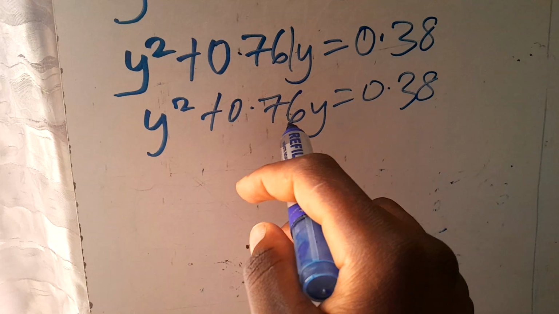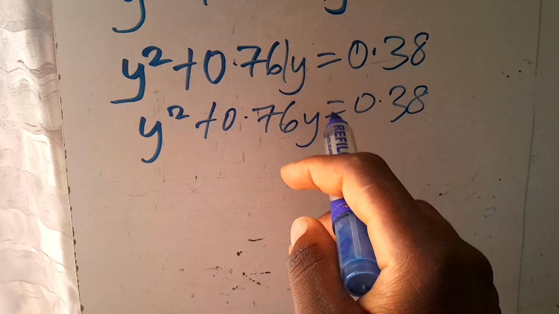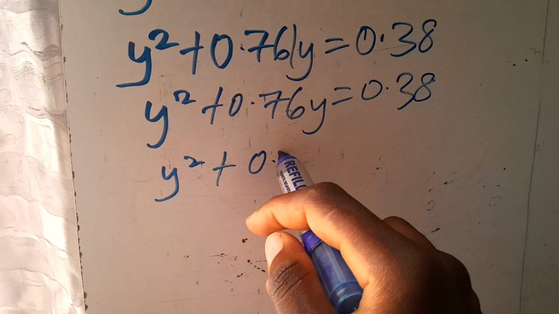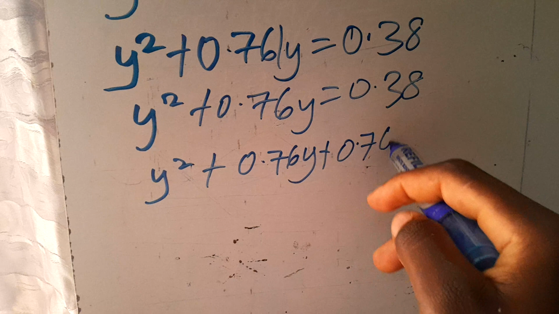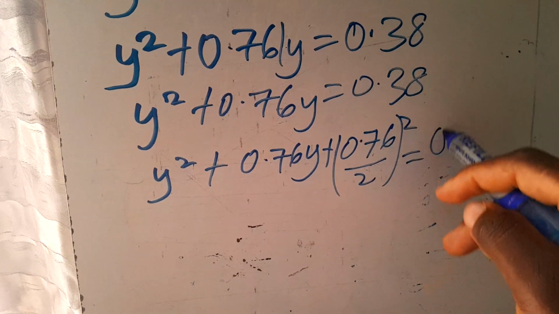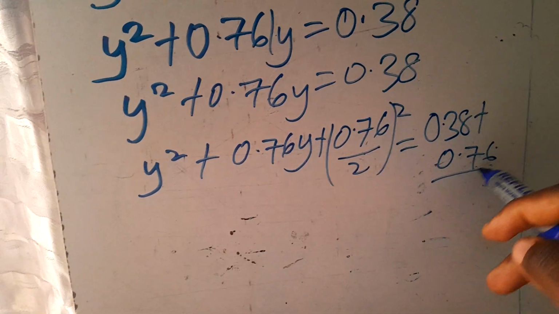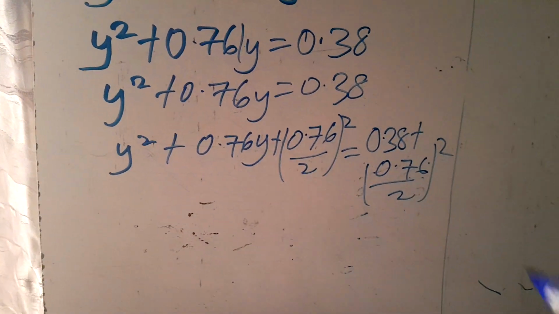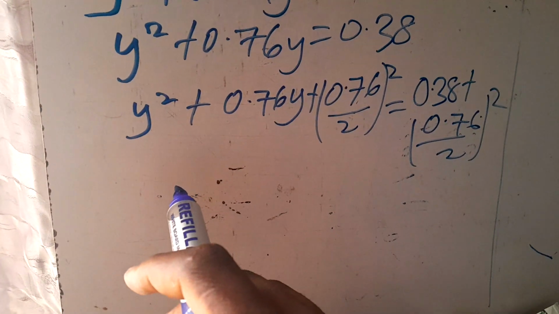Now, we look at the coefficient of y, which is 0.76. We divide by 2, we square it and add to both sides. We will now have y squared plus 0.76y plus 0.76 divided by 2 and then squared is equal to 0.38 plus 0.76 divided by 2 squared. Now, when we solve, we must extract the complete square from the left hand side.